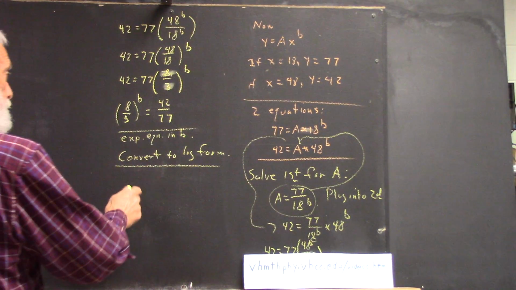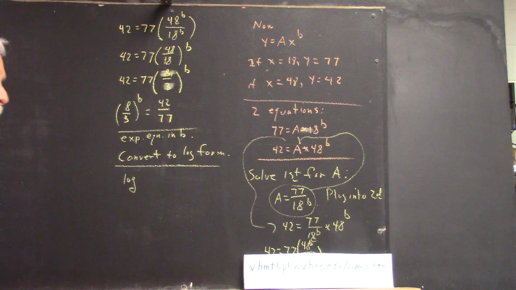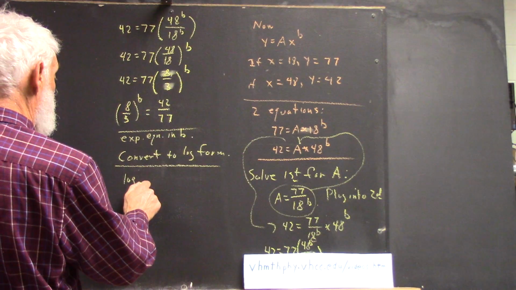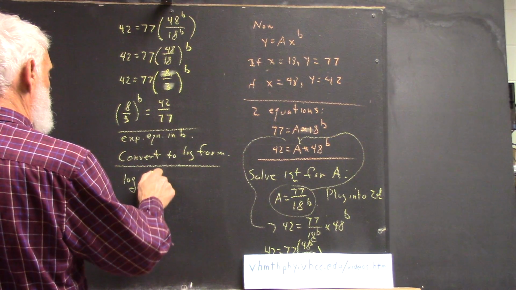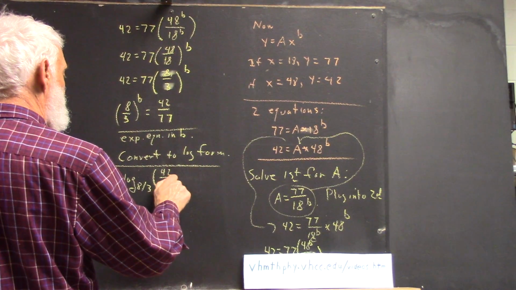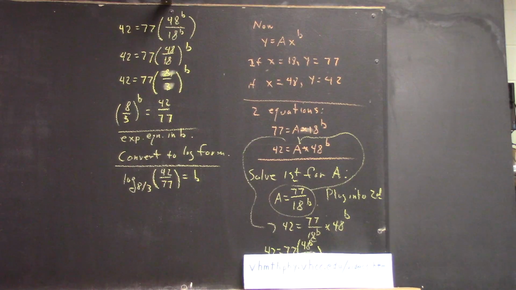Convert to logarithmic form. We get log. What's the base of the log? 8/3. This is the base to the exponent equals log base 8/3 of 42 over 77 equals b. Right?